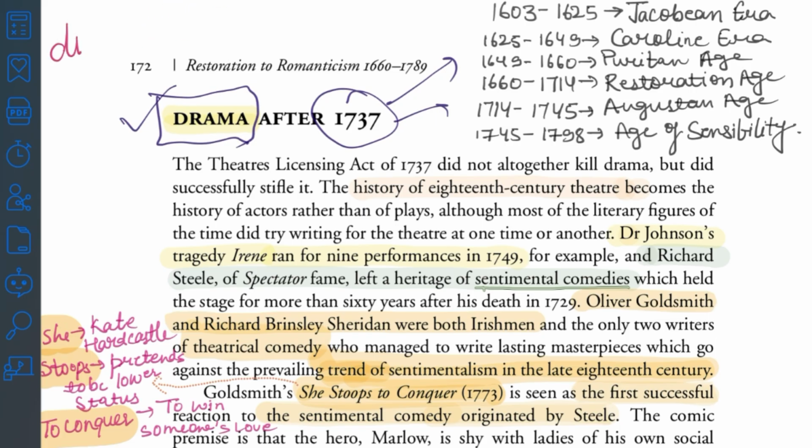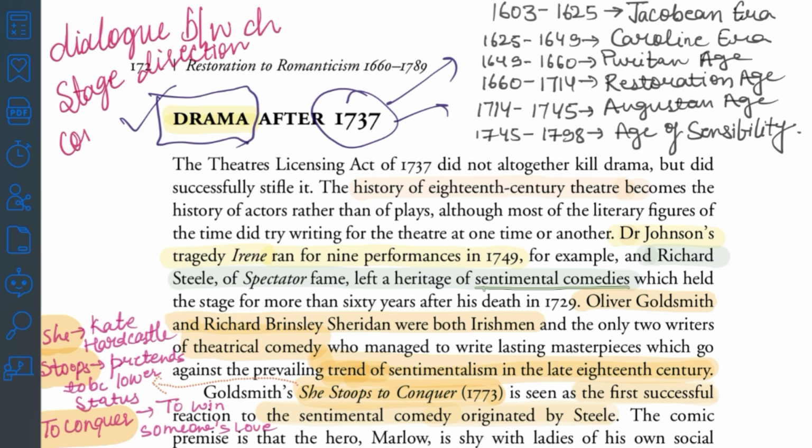So drama consists of dialogues between characters and stage direction, which I have already included in the Origin of Drama video, so you can watch that video. Another feature is conflict and plot development. These are the key features of drama.